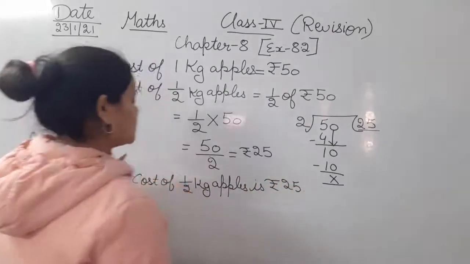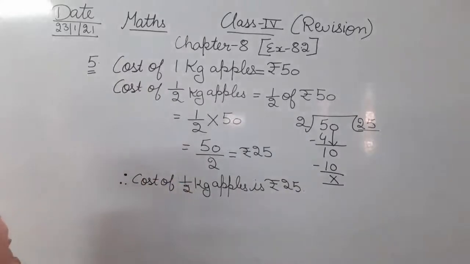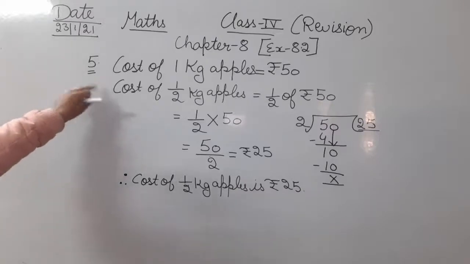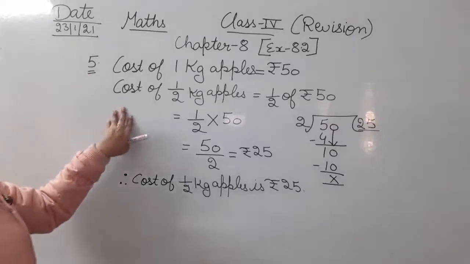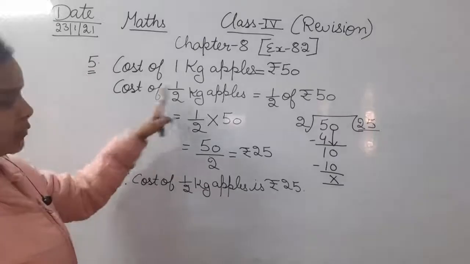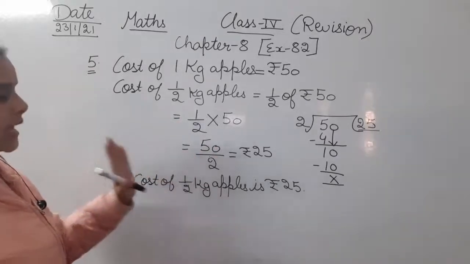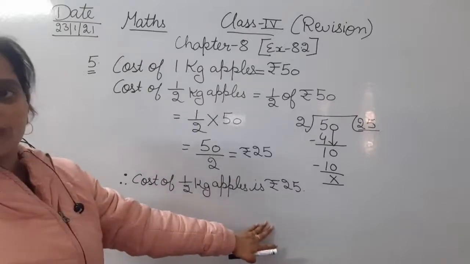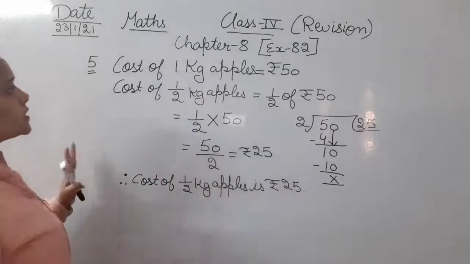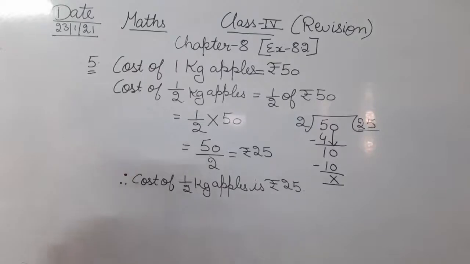The cost of 1 kg apple was given and we had to find the cost of half kg apple. We calculated that by finding half of rupees 50, and that is rupees 25. Clear? So this is the solution of question number 5. You can pause it here and note it down in your notebook.